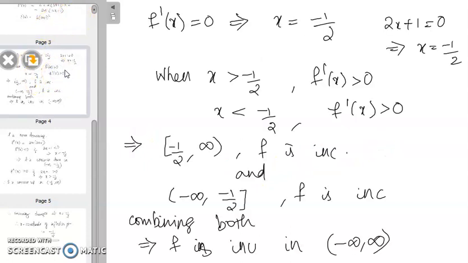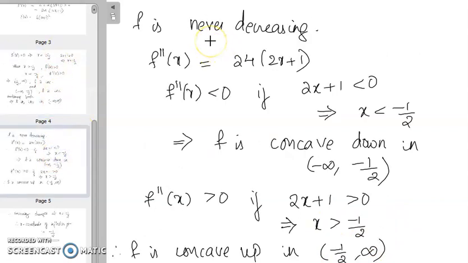So we have got the interval where the graph is increasing: minus infinity to infinity, and it is never decreasing.